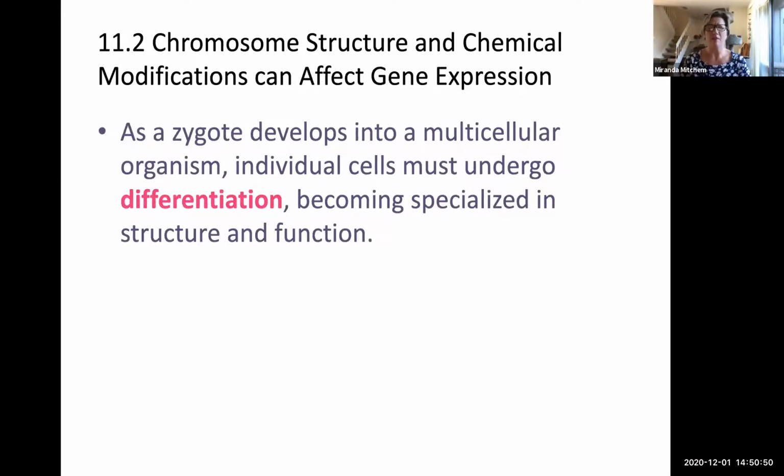We've got a lot of different types of white blood cells, and they're all different from one another, but they come from the same stem cell, the blood cells do. So differentiation is this process where a cell and tissue change so that they are able to become specialized for their job, for their environment.